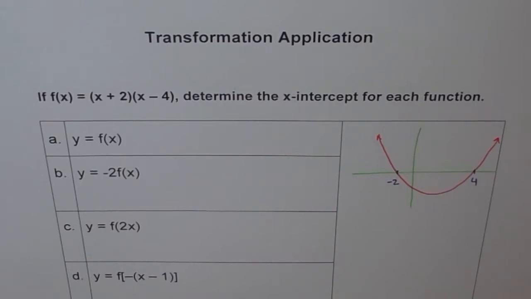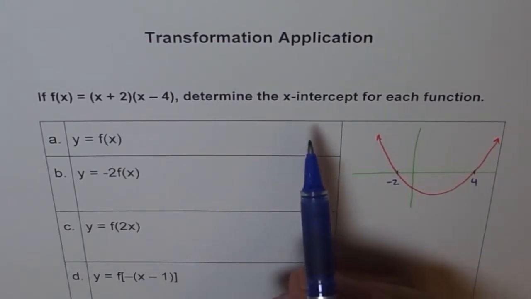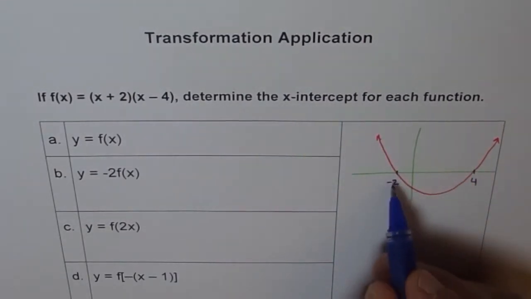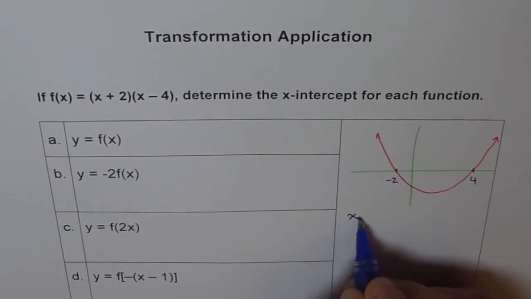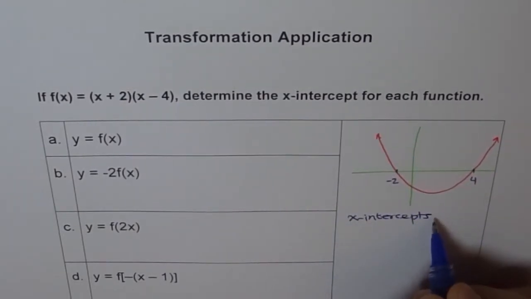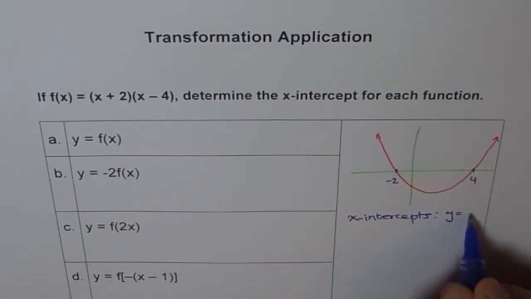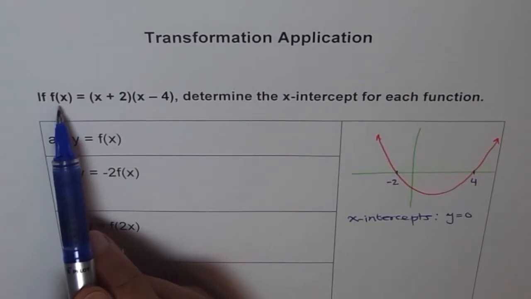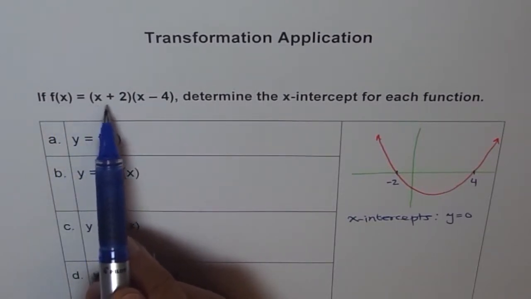Now, for f of x, we know what the x-intercepts are. What are x-intercepts? At x-intercepts we have y equals 0, correct? So if I equate y equals 0, or f of x equals 0, then what should I have?